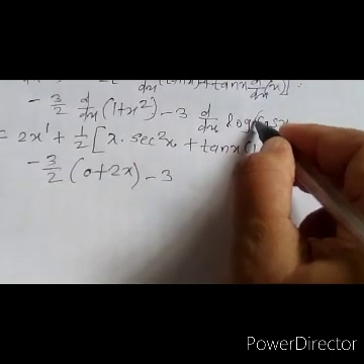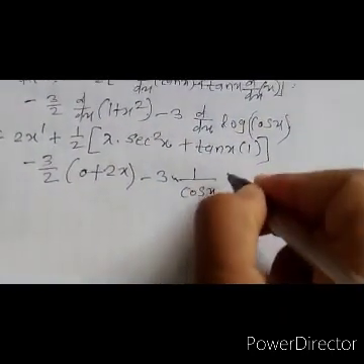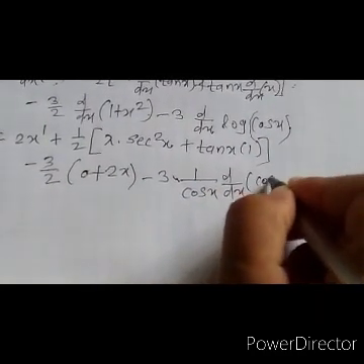We know that derivative of log is 1 upon, so here 1 upon cos x, and again derivative of cos x, that is minus sin x.